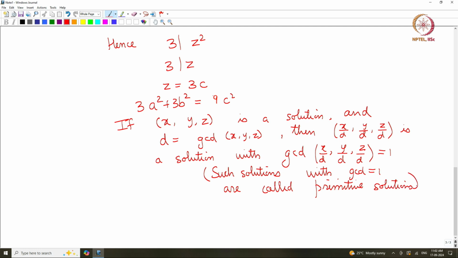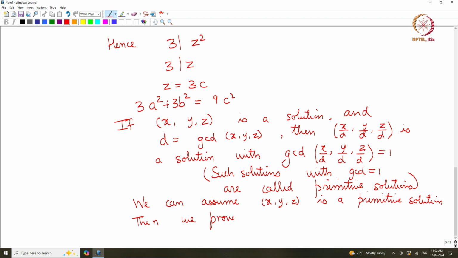So, in this case we can always assume that x, y, z is a primitive solution, okay, and then we proved 3 divides x, 3 divides y and 3 divides z. That is a contradiction, which means that there is no solution.